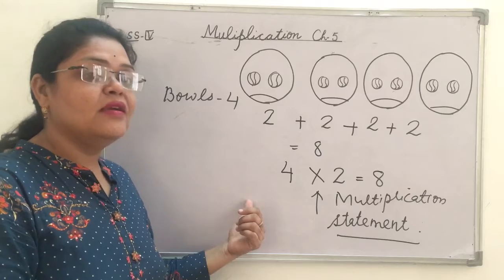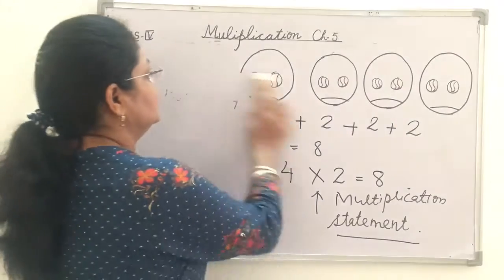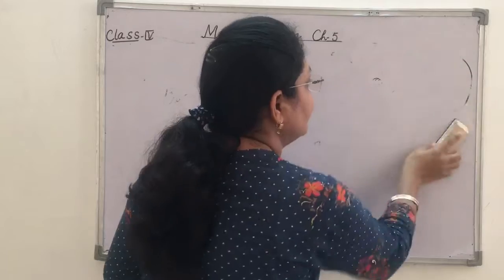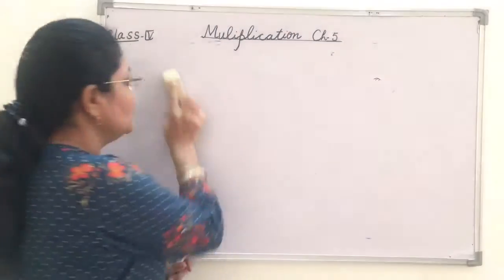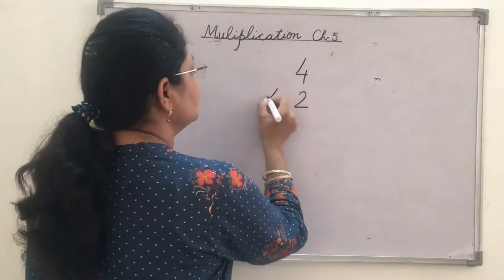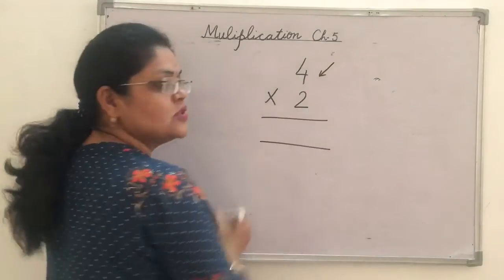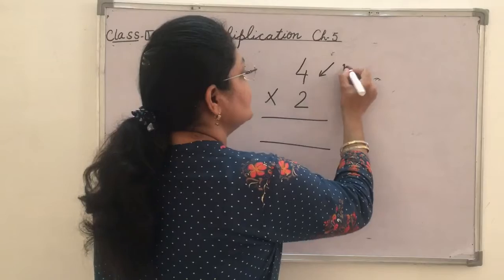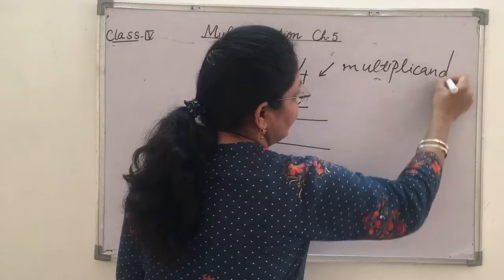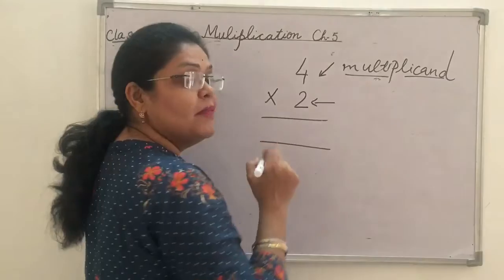So now I'll explain multiplication deeply. Listen carefully. Here we can multiply in a column also. How will you multiply? Like if we multiply 4 with 2. First of all I will tell you the names of the numbers. 4 is called the multiplicand. And the number at the bottom is called the multiplier.